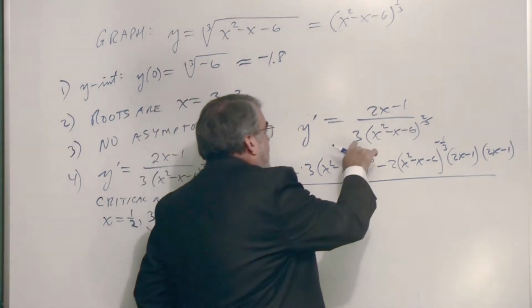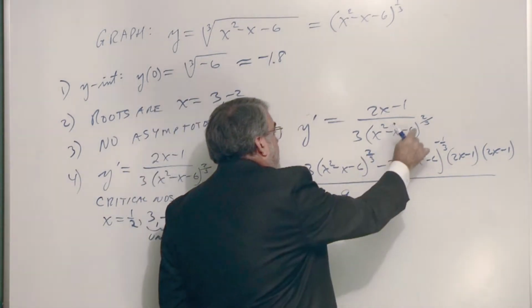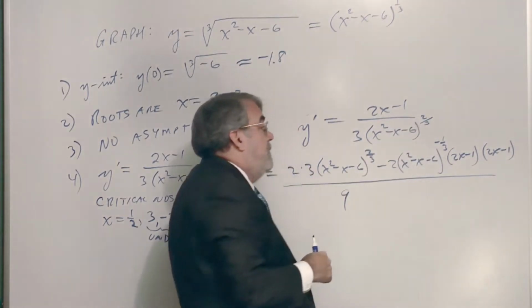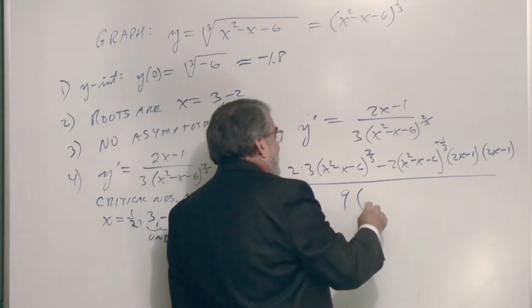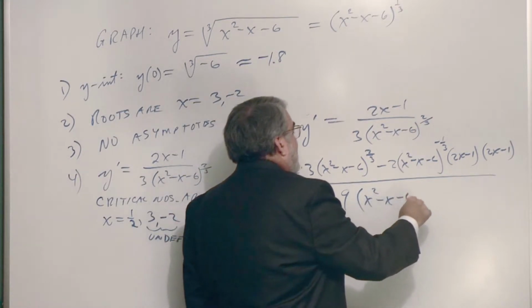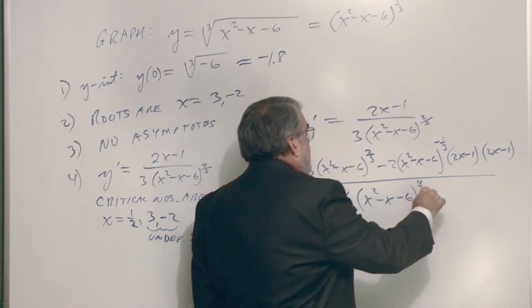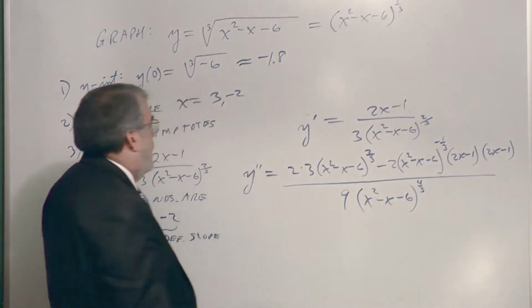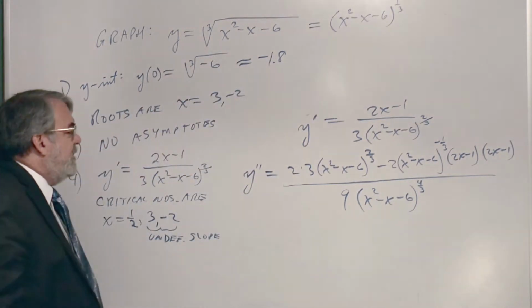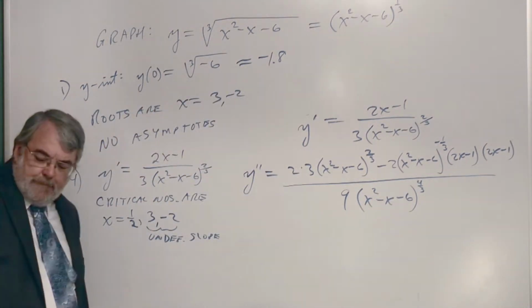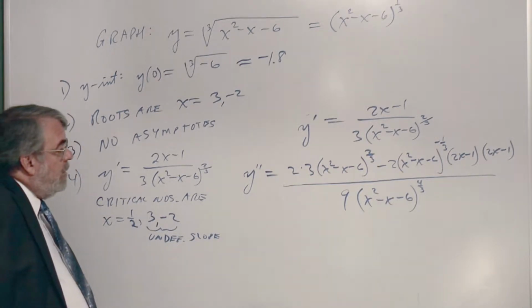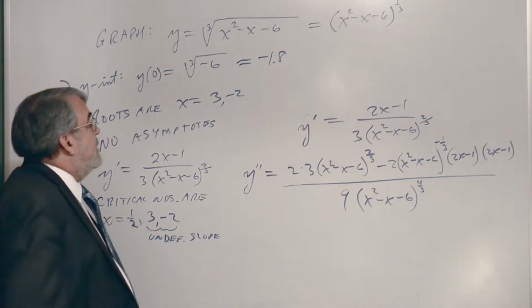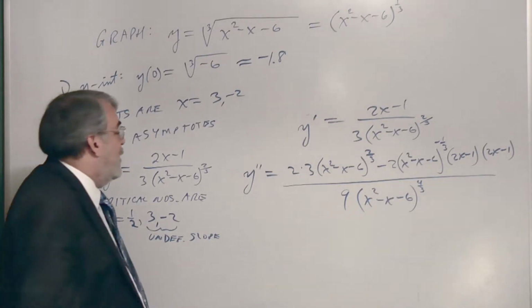And then everything is divided by the square of the denominator. So if I square this, I'll get 9. If I raise this to the second power, I'll get 4/3. So it's (x squared minus x minus 6) to the 4/3. Oh, okay, now that's a mess. Well, let's see. This is going to take a little room here. I'll have to somehow fit it on this board.